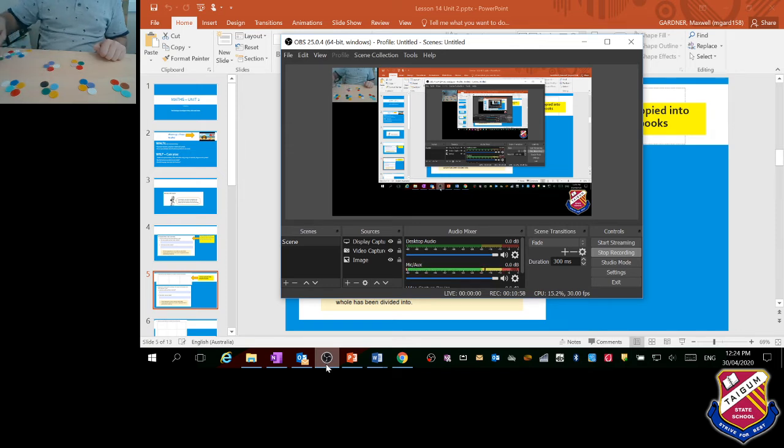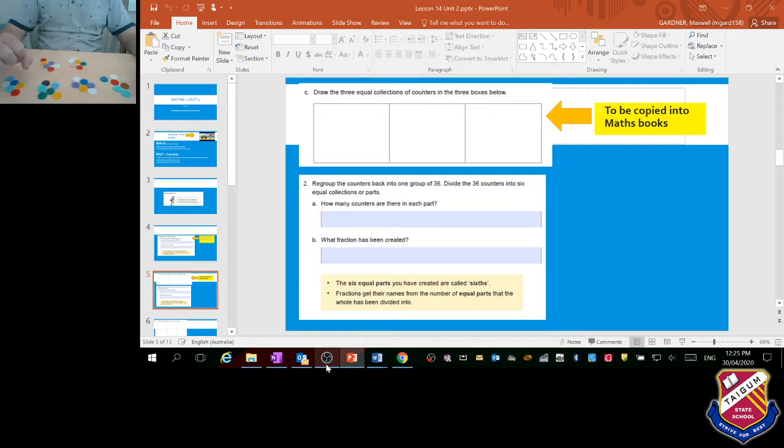Got 5 in each group. Now we've got 6 in each group. And now I'm out of counters. So I'm going to look at them now. I've got 6 groups. They are all equal and they all have how many in each group?